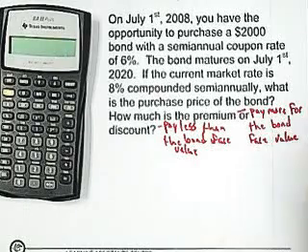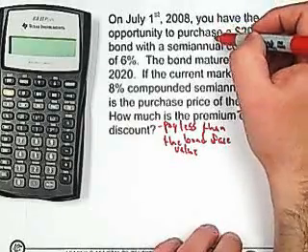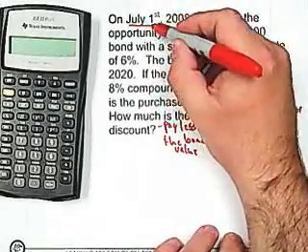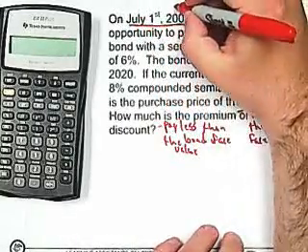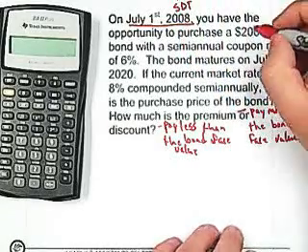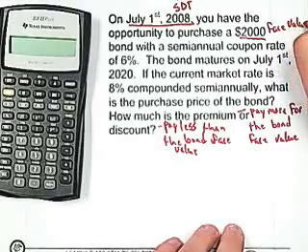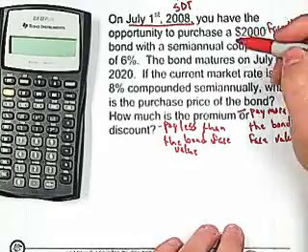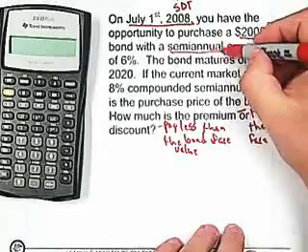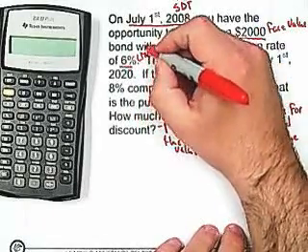Okay, let's go back to the top. So July 1st is the date we have the opportunity to purchase this bond, so this is our selected date, our purchase date. The $2,000, this is the face value. It goes on to say the bond has a semi-annual coupon rate of 6%, so this is our coupon.